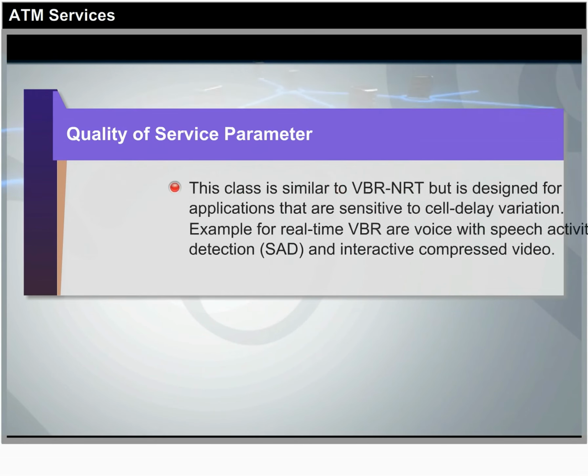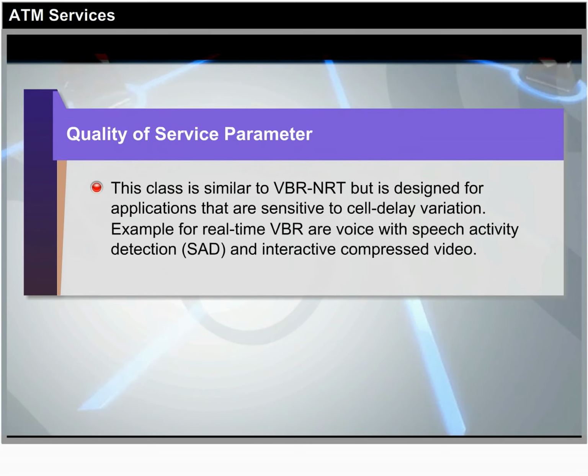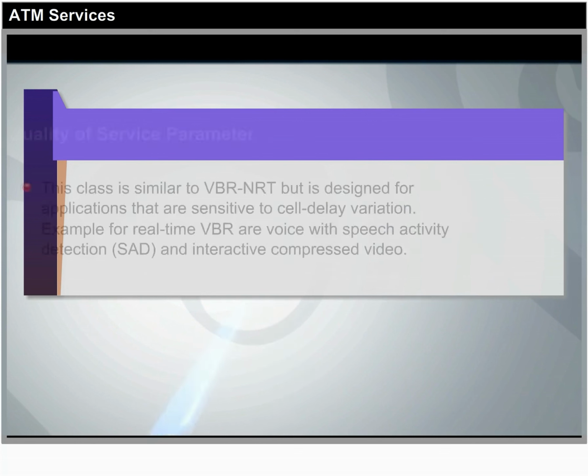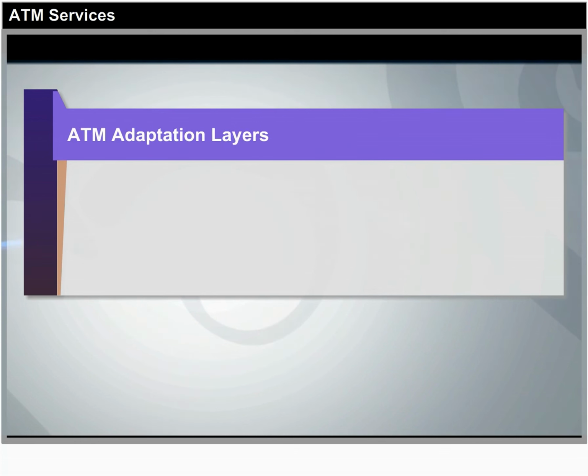This class is similar to VBR-NRT but is designed for applications that are sensitive to cell delay variation. Examples of real-time VBR are voice with speech activity detection, SAD, and interactive compressed video. ATM adaptation layers: AAL2.